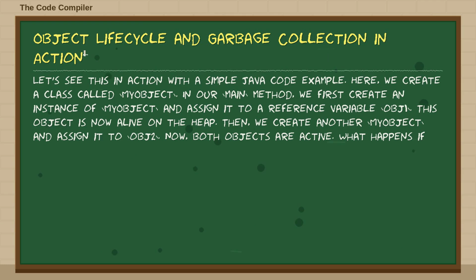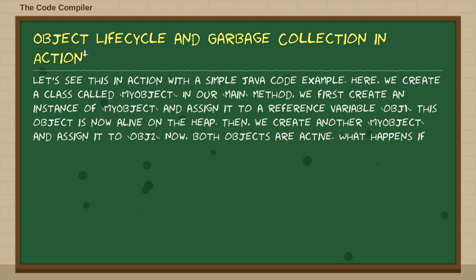What happens if we set obj1 equal to null? The object that obj1 was pointing to no longer has any active references pointing to it. It becomes unreachable and is now eligible for garbage collection. Similarly, if obj2 goes out of scope, or we reassign it, its object might also become eligible.